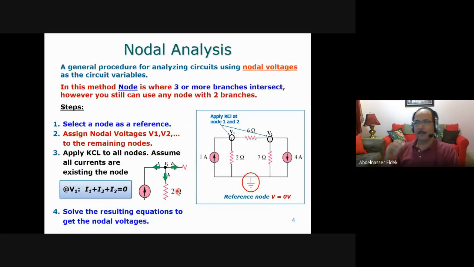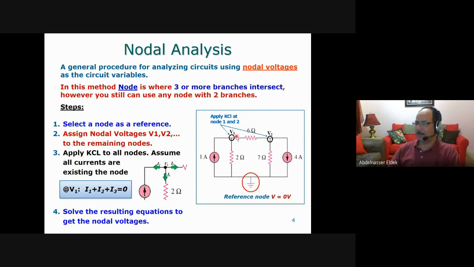Nodal analysis, from the name, it depends on nodes. So the nodes, for example, if you look at this circuit, it has some nodes. Remember when we defined nodes, a node is the intersection between any two elements or more. But we are talking here about the node that has at least three branches connected to it.